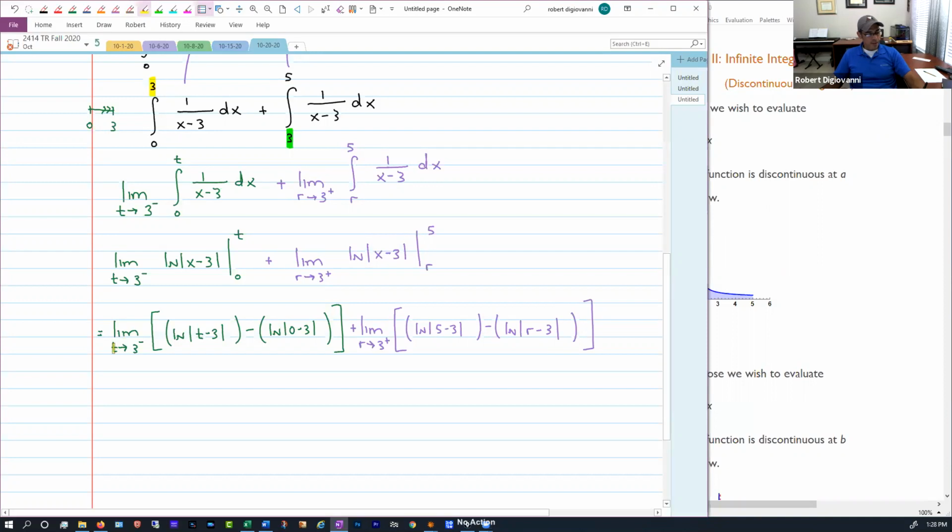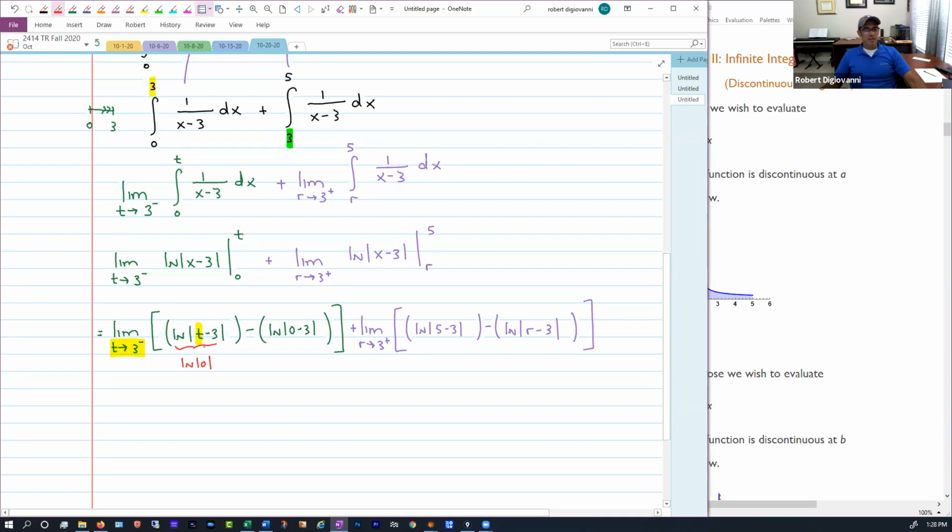We are going to take the limit as t approaches 3 from the left, and we're going to plug that in right there. So what happens if I replace that t with 3? 3 minus 3 is headed towards 0, isn't it? And so what this really is looking like is it's headed towards natural log of the absolute value of 0.